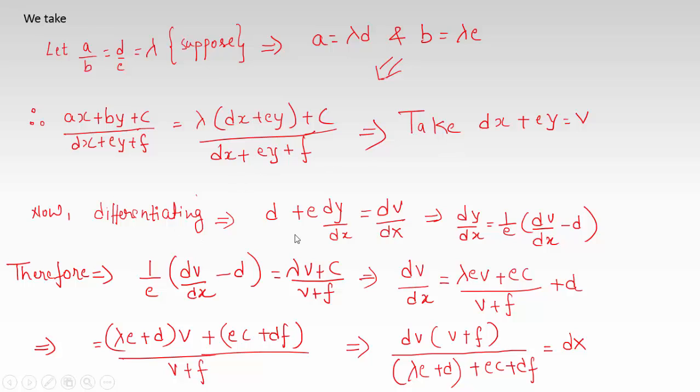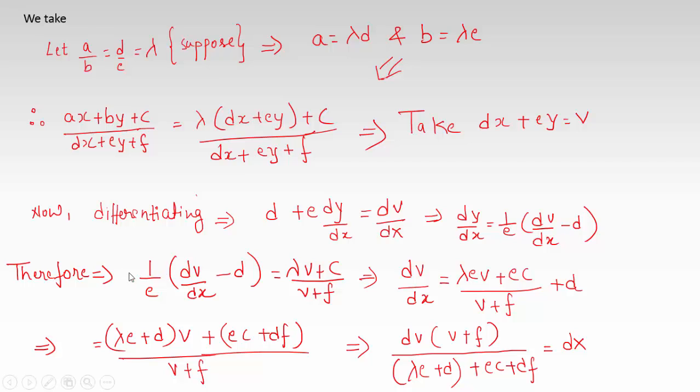Therefore, after doing these substitutions, we have to differentiate this equation to get d plus e dy by dx equals dv by dx, which gives dy by dx equals 1 upon e (dv by dx minus d). What we have done here, we have just taken dy by dx on a separate side and all the variables on the other side.